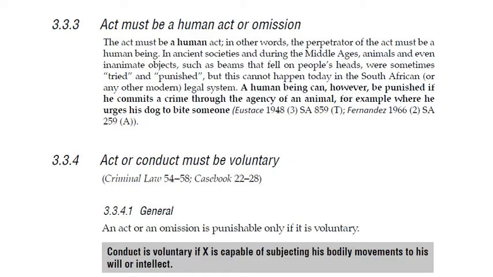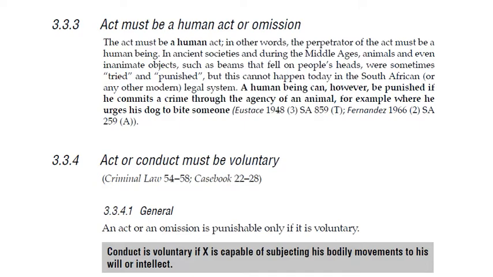In other words, the perpetrator of the act must be a human being. In ancient societies and during the Middle Ages, animals and even inanimate objects such as beams that fell on people's heads were sometimes tried and punished, but this cannot happen today in South African or any other modern legal system.